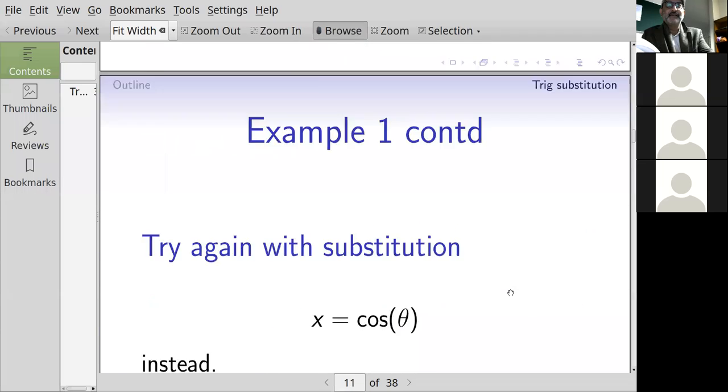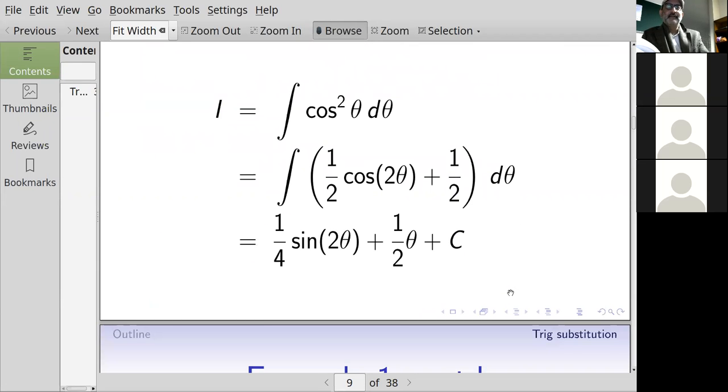Remember we had this identity: cos squared theta is the same as 1/2 cos 2 theta plus 1/2. So there's a similar one for sine squared theta, which you should know. If the thing in the round brackets is cos squared theta, then what is sine squared theta?